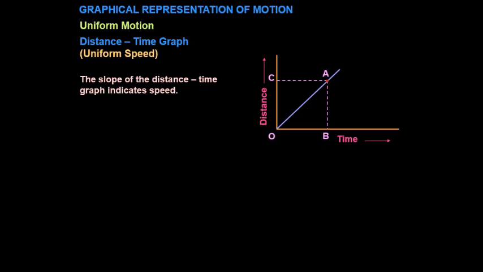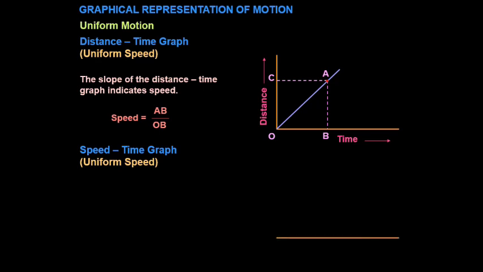By dropping some perpendiculars, called intercepts, you can get the instant, the time, and the position. Speed is equal to AB upon OB. That is also called the slope. I talked about slope.